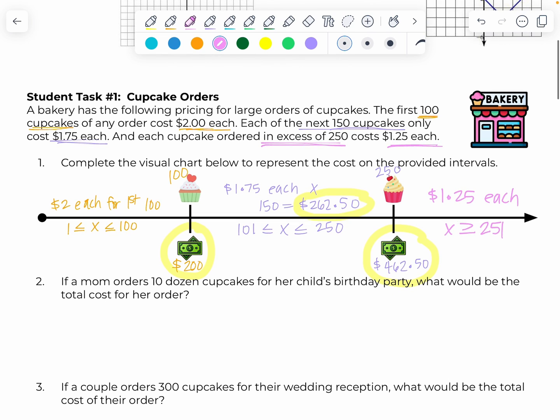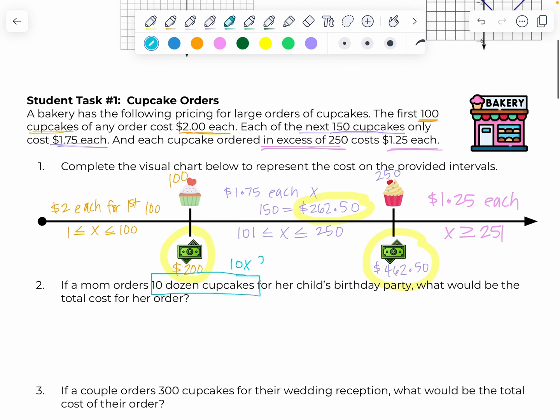First question being, if mom orders 10 dozen cupcakes for a birthday party, what is the total order cost? So 10 dozen is going to represent 10 times 12, or 120 cupcakes. So the first 100, based on our chart up here, are going to give us a total of $200.